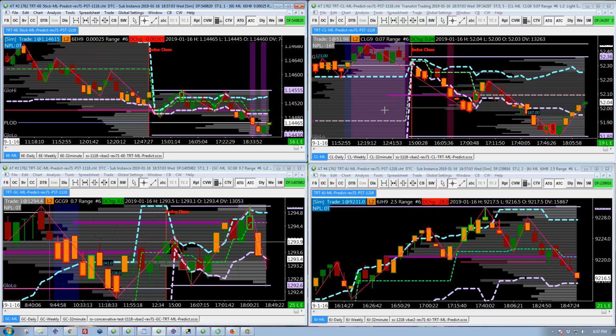What I want to talk about tonight is mostly related to what I have come to believe is the primary benefit of using a machine learning system to trade. And that's the removal of human anxiety and fear from the trading decision.